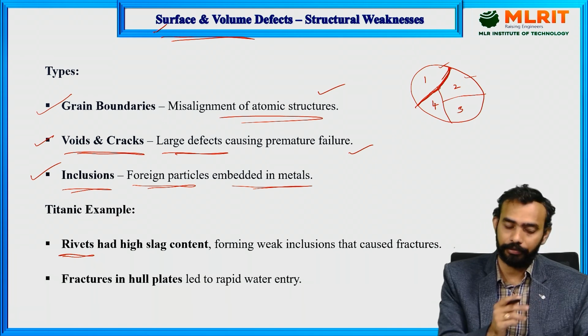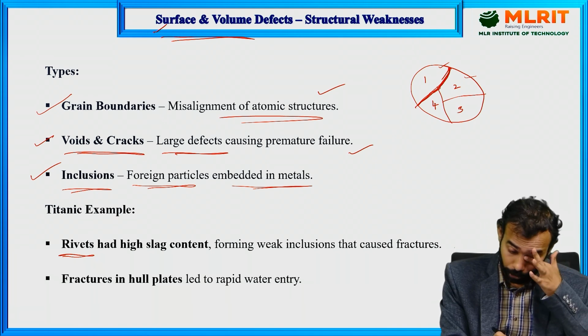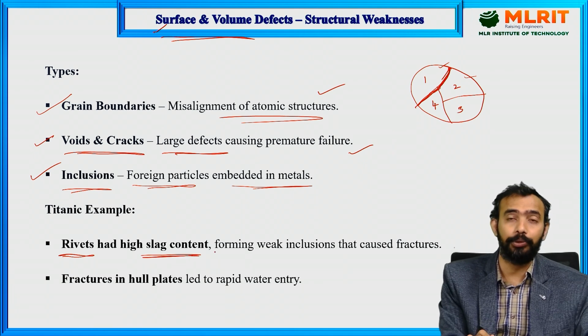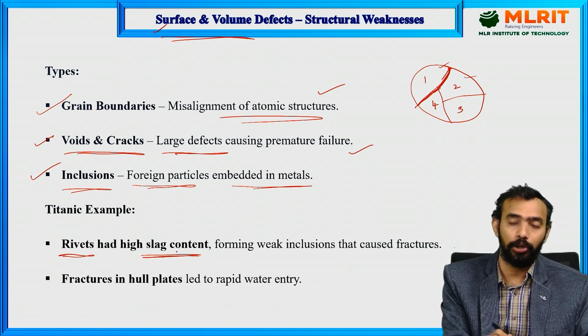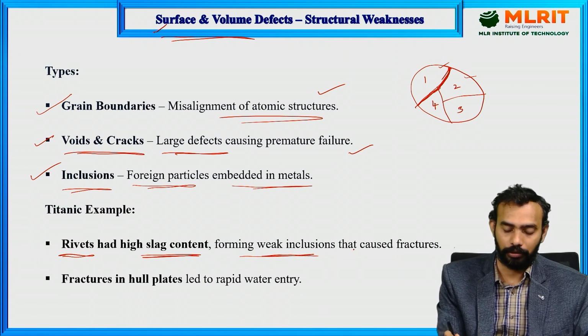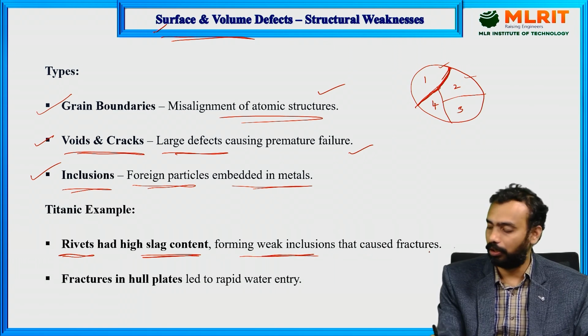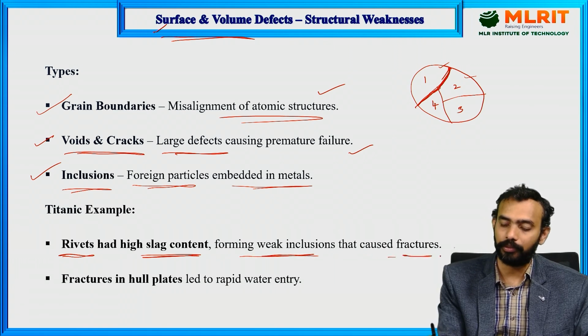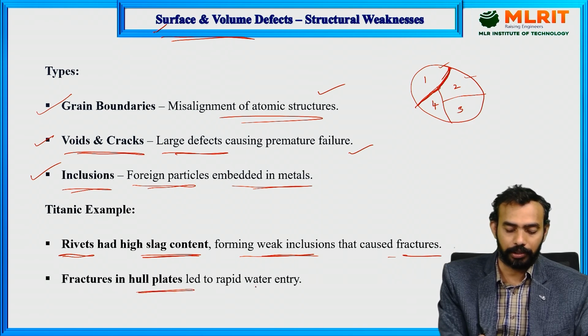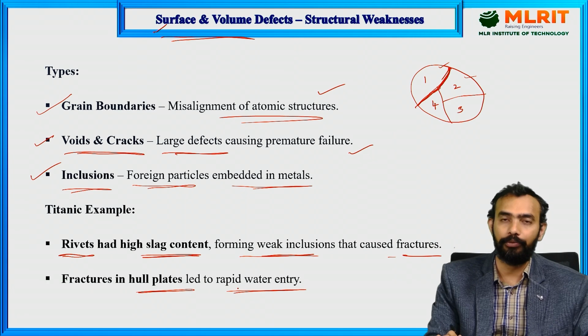These iron rivets were observed to have high slag content. That is an impurity, at the volume level. It formed weak inclusions, which eventually caused the fracture. Fractures in hull plates led to the rapid water entry.